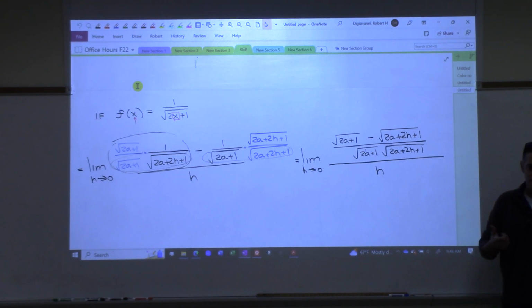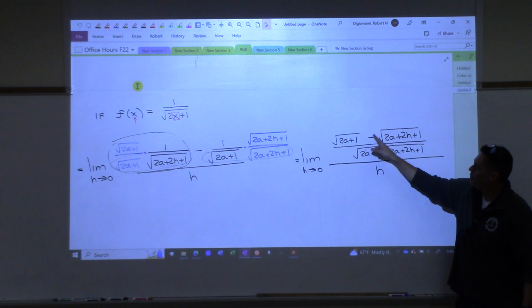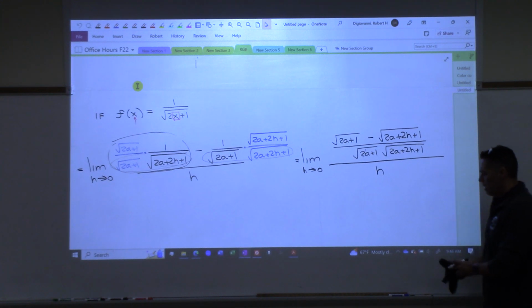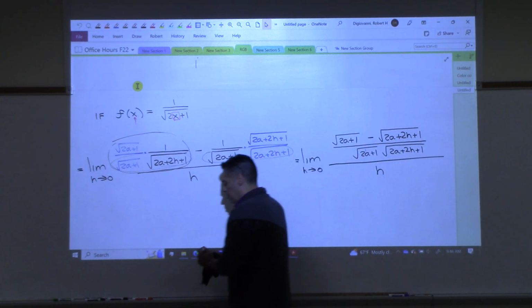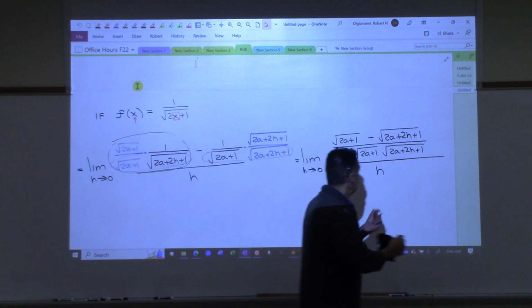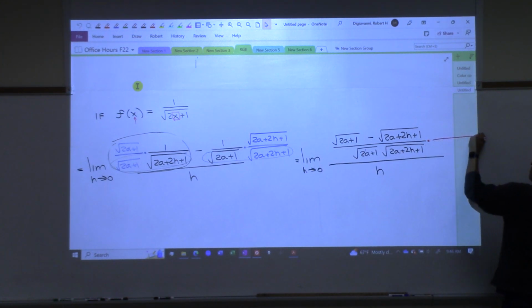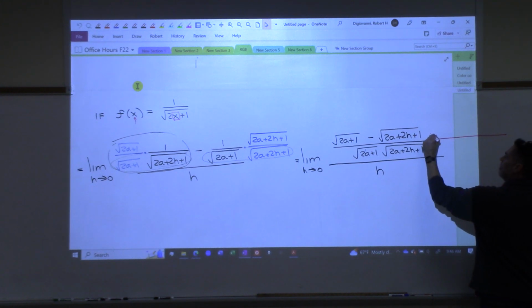Now, conjugate. Now bring in the conjugate. So when I say conjugate, I mean look at this numerator. It's ugly. Bring in the conjugate of this thing. And we're going to multiply the top and bottom right here by that conjugate. To save myself time, I'm just going to do it right now, and I'm doing a different color so you know that I inserted it. So I'm multiplying here, top and bottom, by the conjugate of the top.